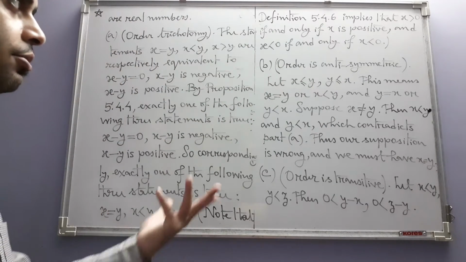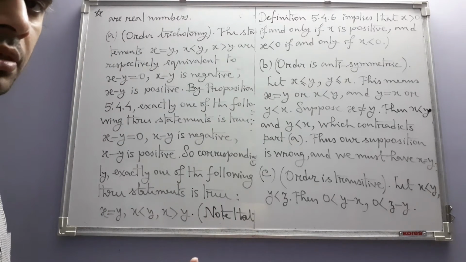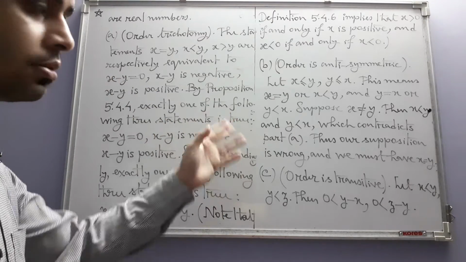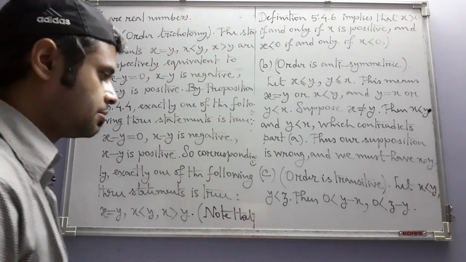Now if we add two positive real numbers, we get a positive real number by proposition 544 proved in the previous exercise.